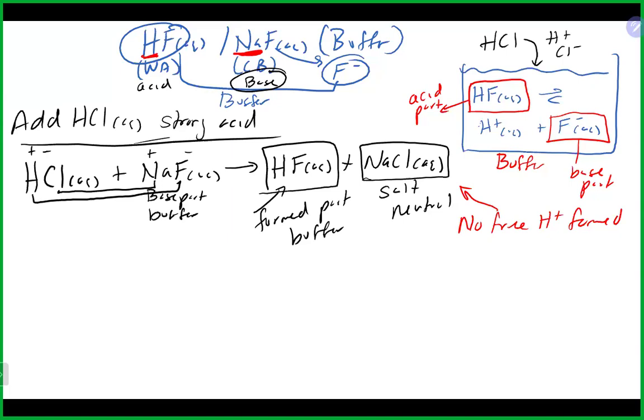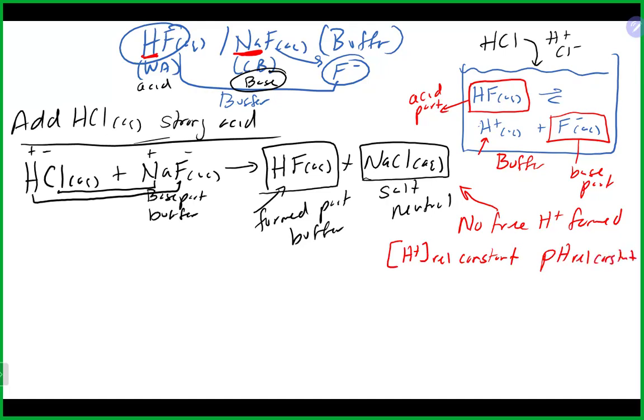So the result of that is we didn't make any more H plus. So the amount of H plus that was in that solution to begin with stays relatively constant, and because it stays relatively constant, the pH will also stay relatively constant.